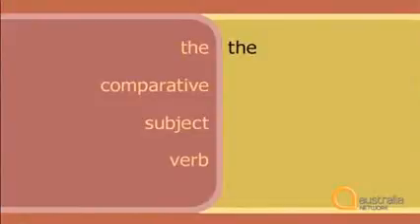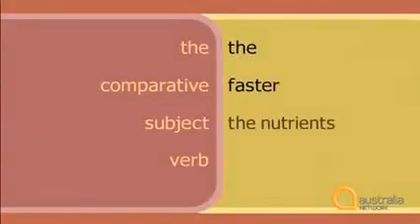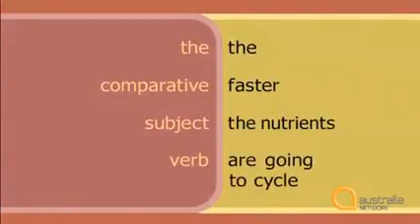Then, using exactly the same grammatical structure, she added the complementary statement. The faster the nutrients are going to cycle. Notice the symmetry of these statements. It makes it easier to remember and apply.